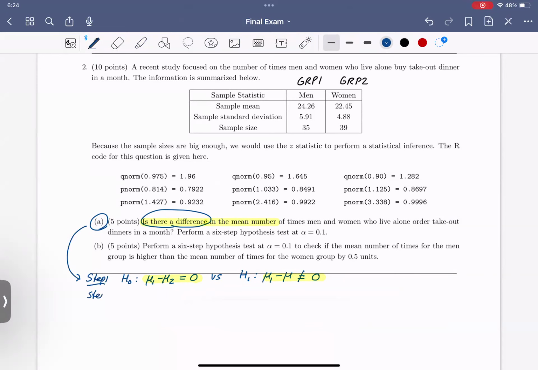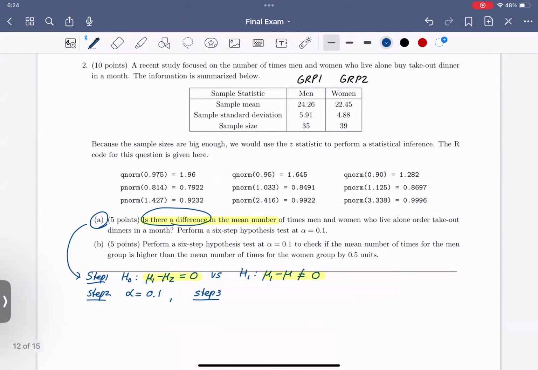All right, step number two, you're going to set up alpha. All right, step number three, you're going to have the formula that you want to use, the Z-test. This is x bar 1 minus x bar 2, and then minus 0 over the square root of S1 squared over N1 plus S2 squared over N2, right? This is the formula for the two sample Z test.